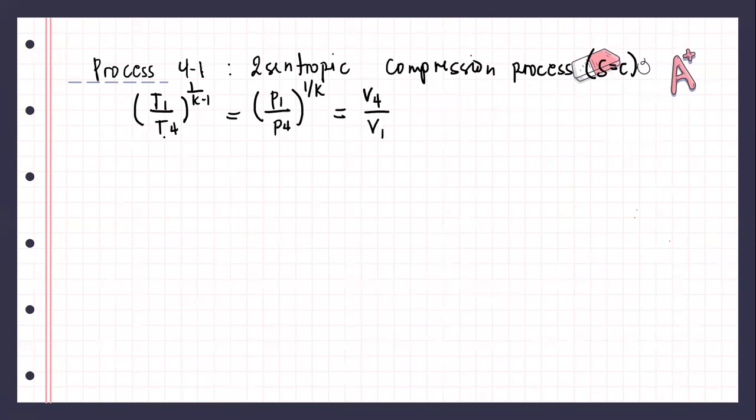T here is absolute temperature, P here is absolute pressure, then V is the volume, which is equal to RK at entropy is constant. Okay, this one is RK here is the isentropic compression ratio.